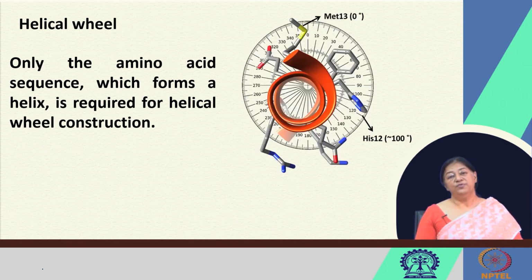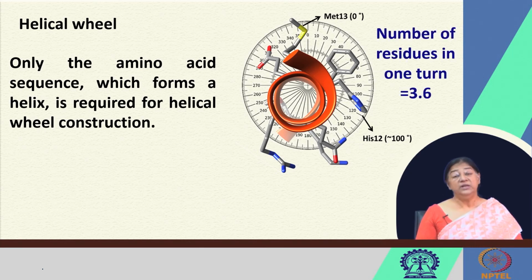Now, what we know from looking down the axis of the helical wheel is that the number of residues we need for one complete turn of a regular alpha helix is 3.6. Given that a complete circle is 360 degrees, when we go from residue number 1 to residue number 2, we are going through a rotation of 100 degrees and the rise is 1.5 angstroms.